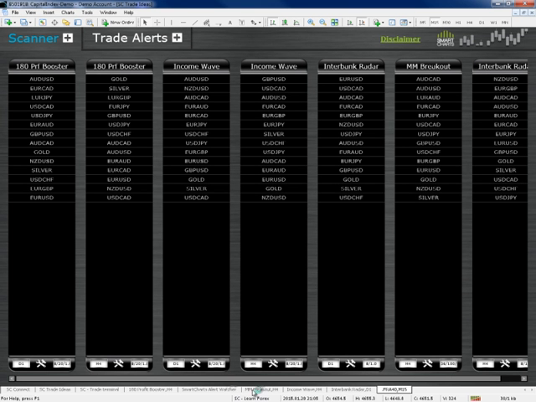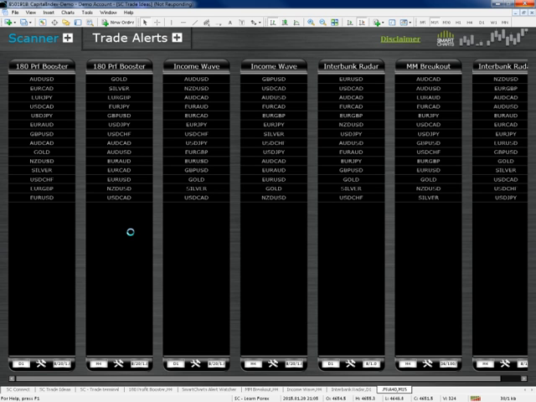Let's go into, for example, the profit booster, where you can do 1-to-1 or 2-to-1 or 3-to-1 reward to risk ratio. What I mean is that a 1-to-1 means the risk is exactly the same as the potential reward, and a 2-to-1 will be double.